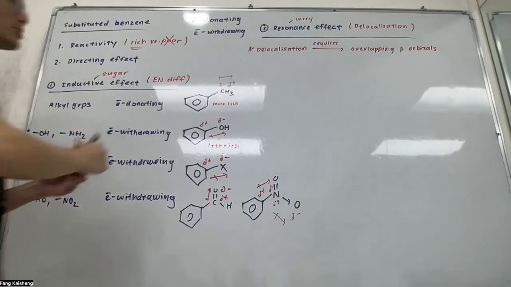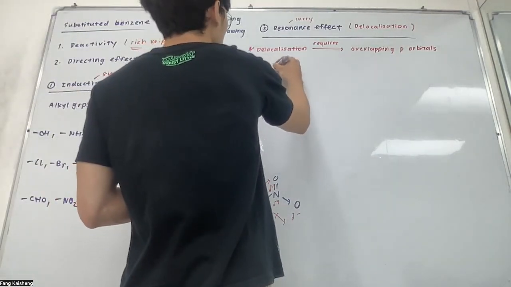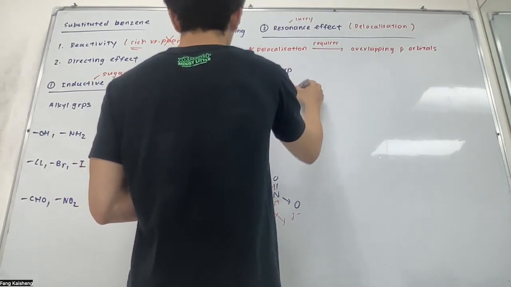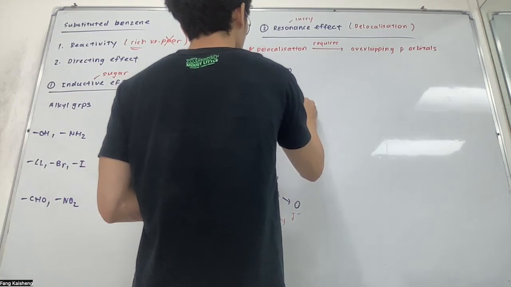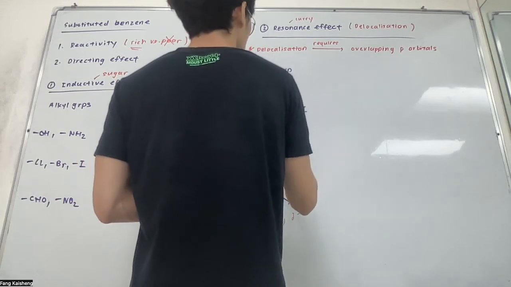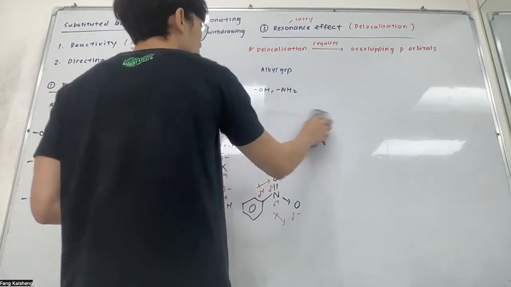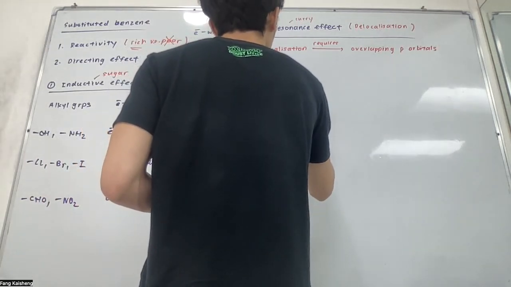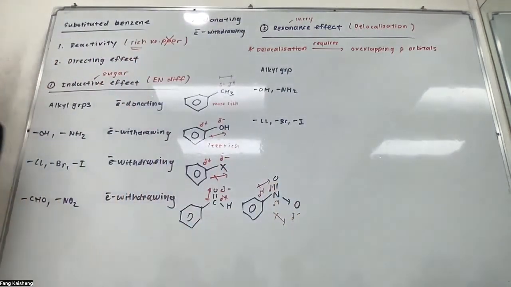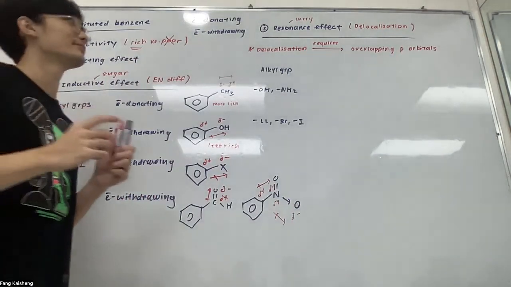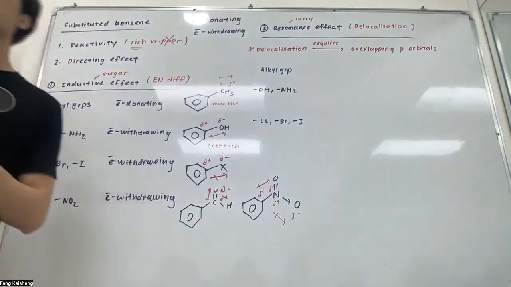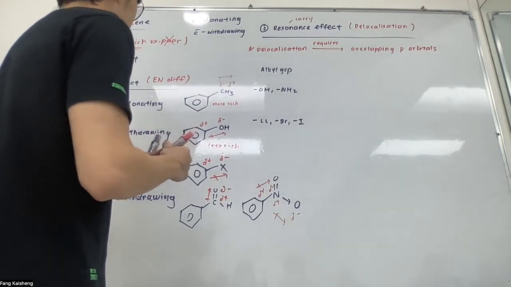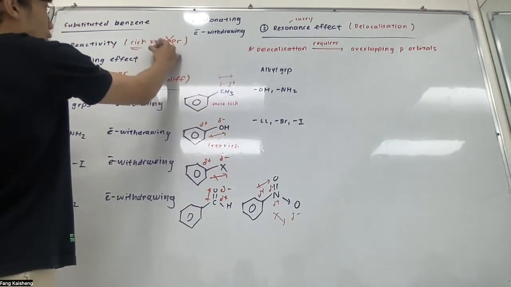So we're going to look at the same four groups. I'm just going to copy that down also. Another thing we're going to look out for is this.